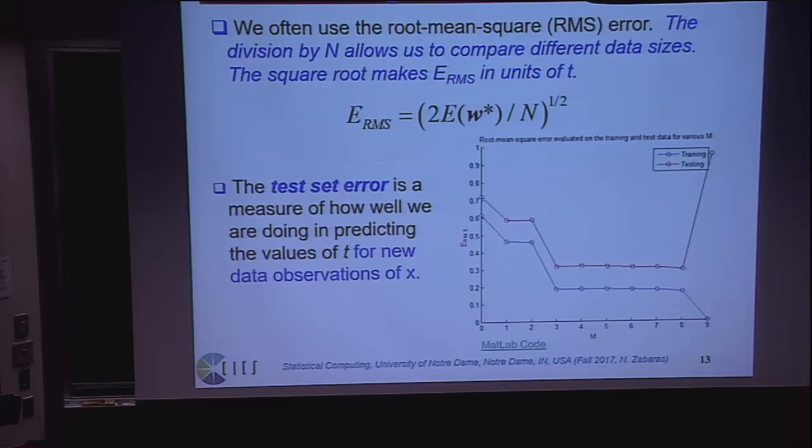And test is how well you do at new x points. The 2 things are separate, so you cannot evaluate the performance of the model by looking at how well you fit the data. You have to look at another data set. This is what people in other communities call an inverse crime, for example. That's something you hear in the inverse community. You're not supposed to do that.